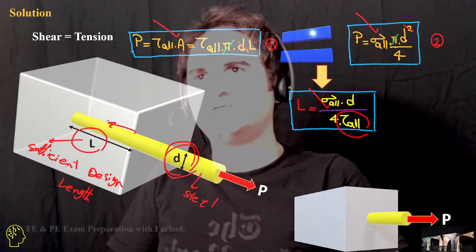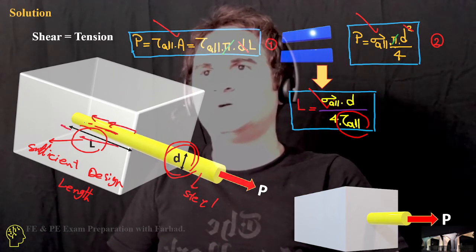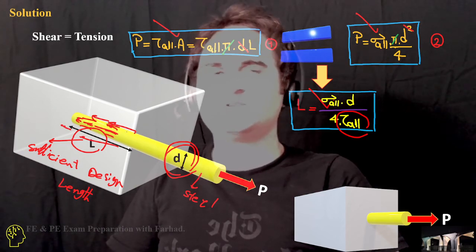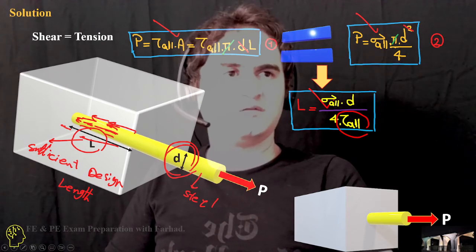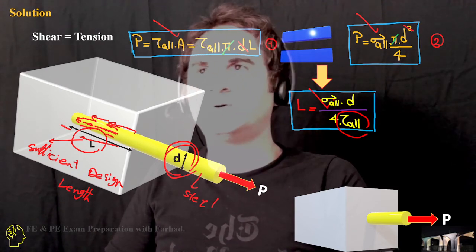So that's how the normal force and shear force should be equal to each other to cancel it out. We'll solve more problems on our next video about the same topic.